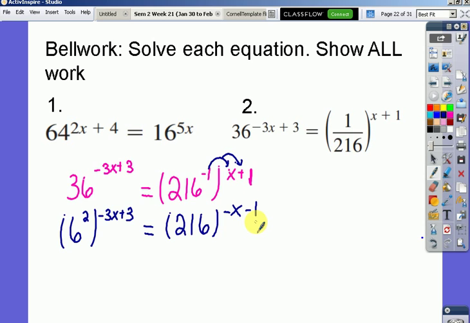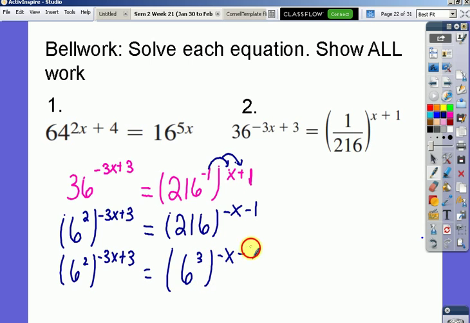So 6 times 6 is 36, times 6 is 216, right? So I have 6 squared raised to negative 3x plus 3 equals 6 cubed raised to the negative x minus 1. Okay. Now, I'm going to distribute.